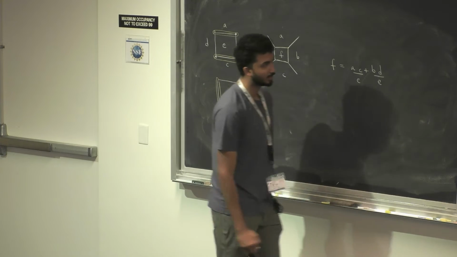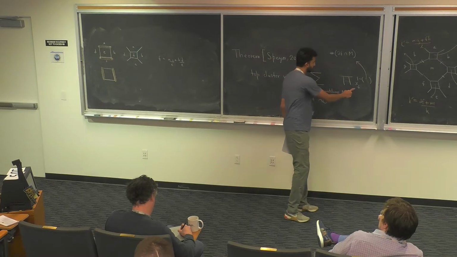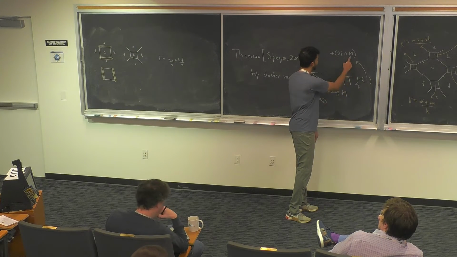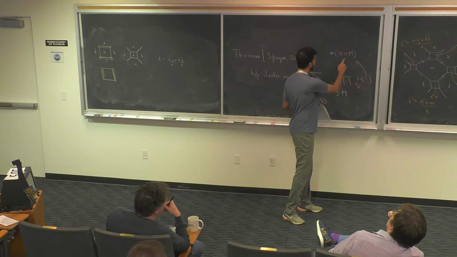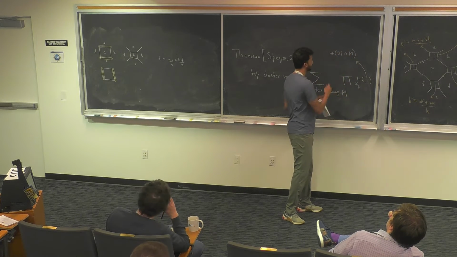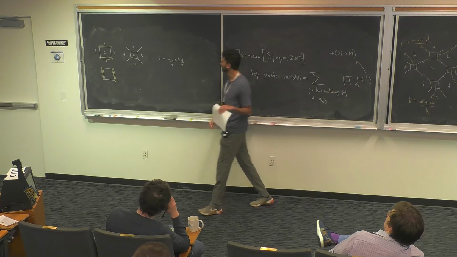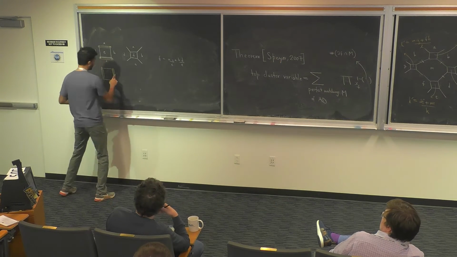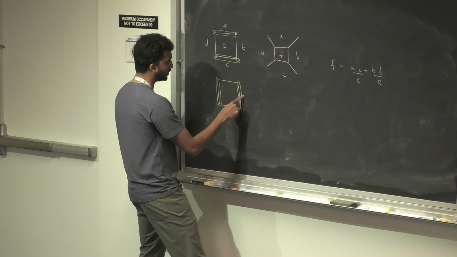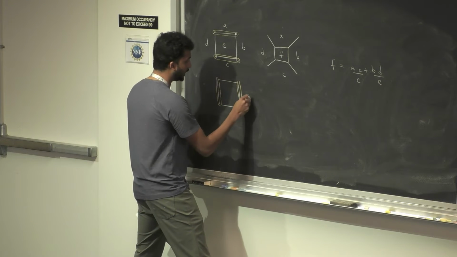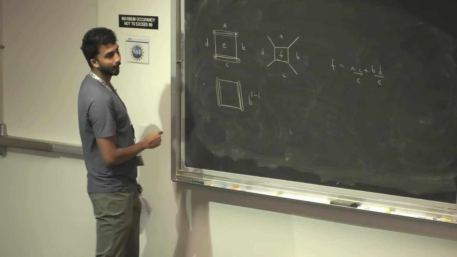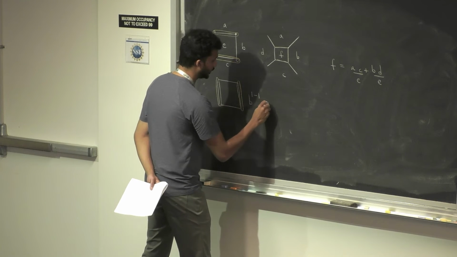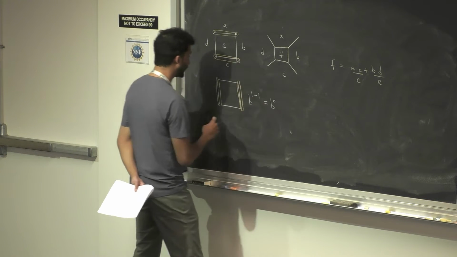And Speyer's formula tells you that every face should appear as many times as there are dimer covers around that face. So here you have one dimer cover around this face. So B should appear with power 1 minus 1, so this should be B to the power 0.